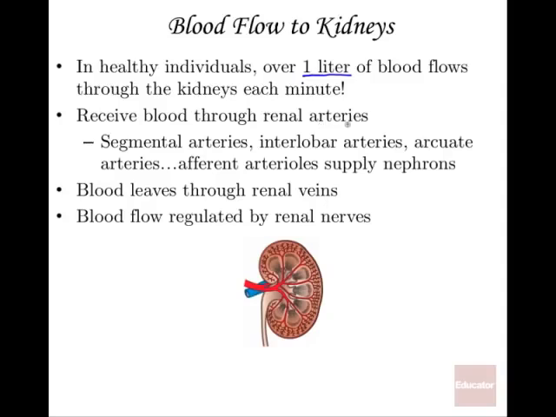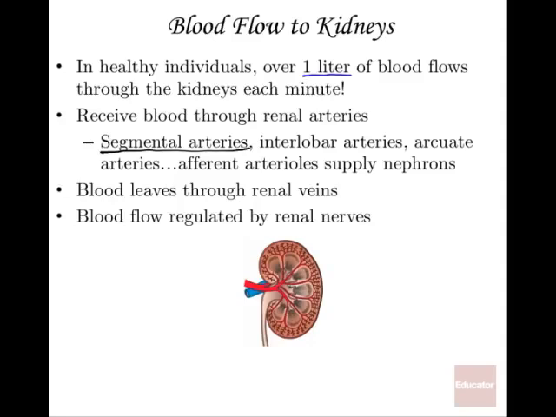They receive blood through renal arteries. The term renal always applies to the kidneys. So here are these different parts. The segmental arteries are right here. The segmental arteries actually branch off of the major renal artery into the kidney.